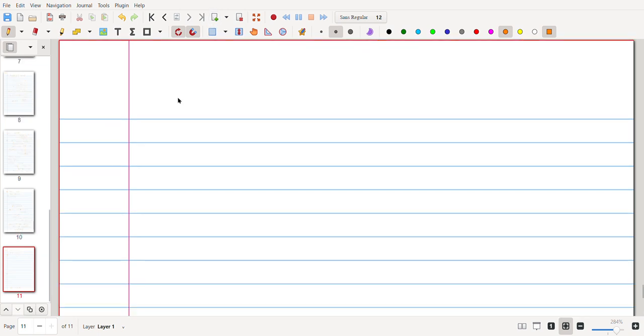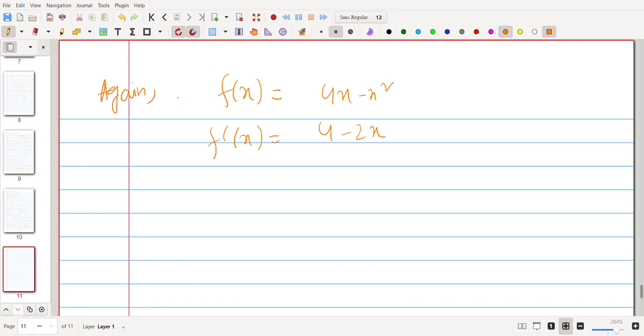Now option D. Again choose the same function f(x) equal to 4x minus x squared, f prime x equal to 4 minus 2x.